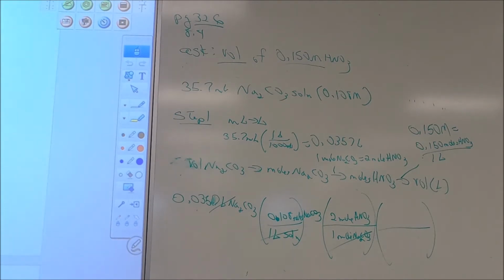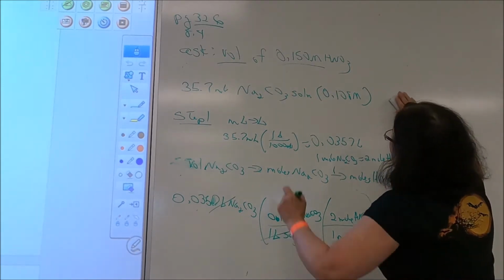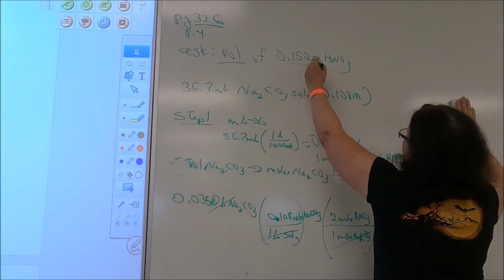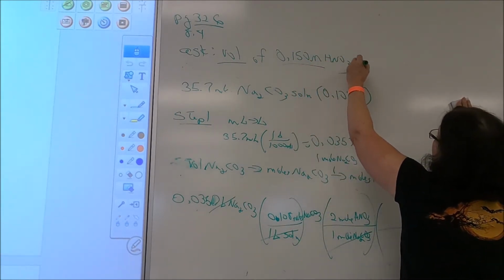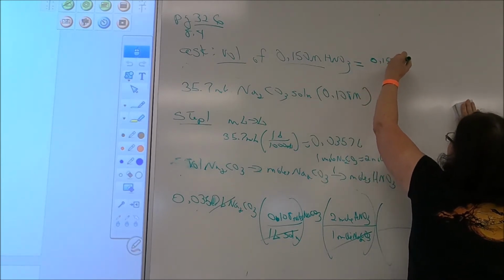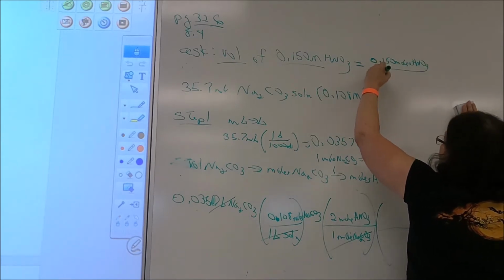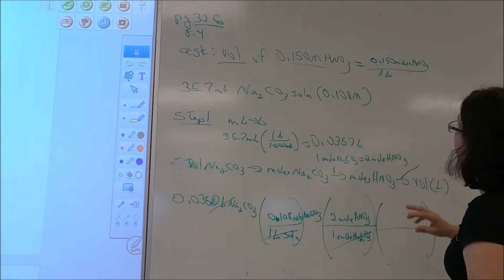So let's back up and let me remind you where I was. When we talk about the molarity of the solution, the 0.150 molar HNO3, what that means is I have 0.150 moles of HNO3 for every 1 liter of solution.